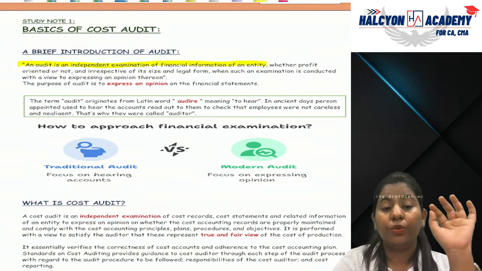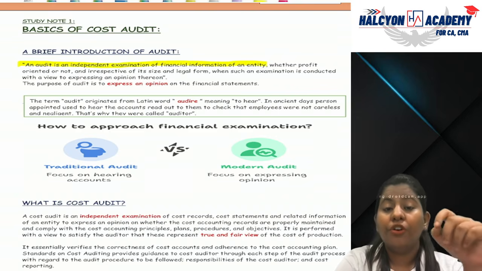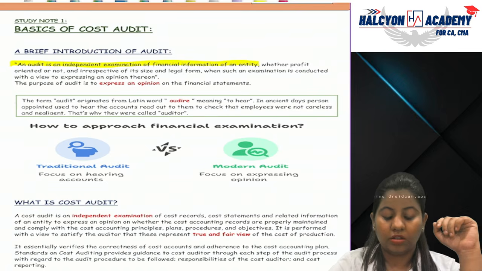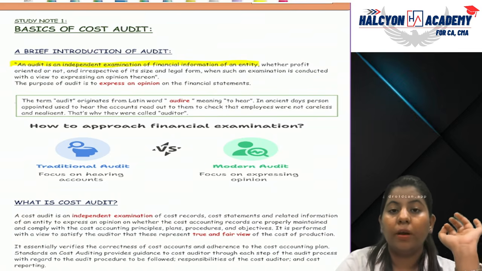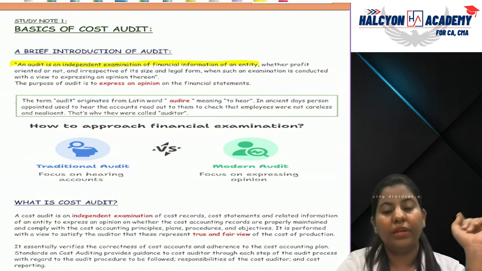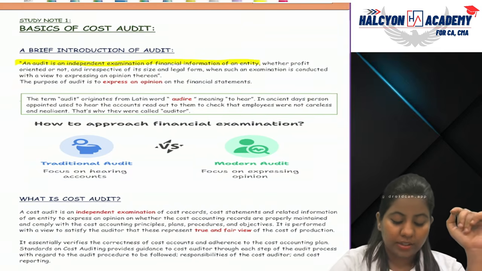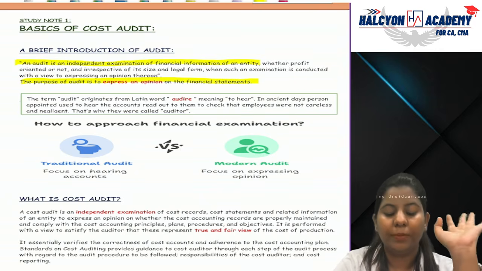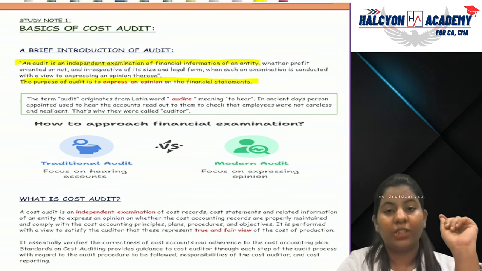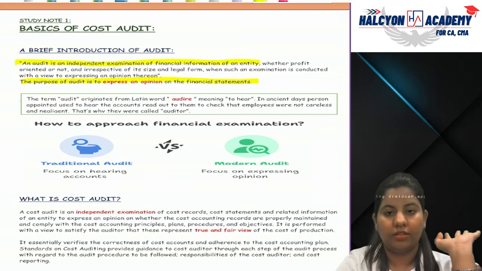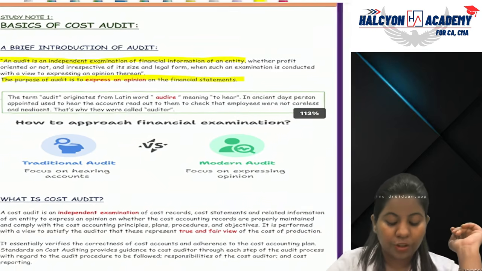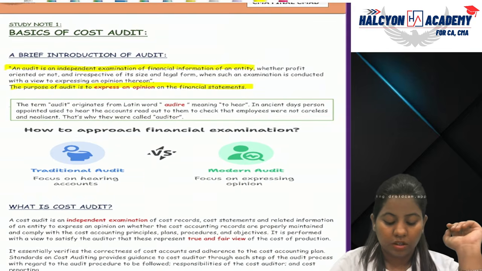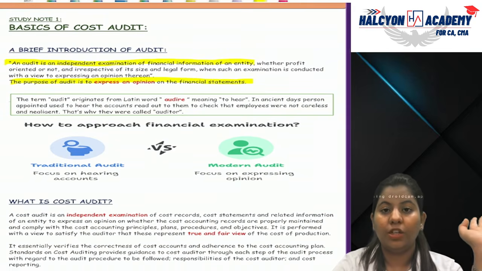So the main purpose of audit is to express an opinion on the financial statements, right? So this was very easy, and it was a basic definition of audit. I hope it is very clear to you all.